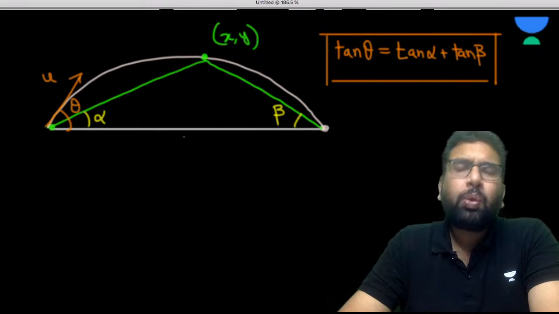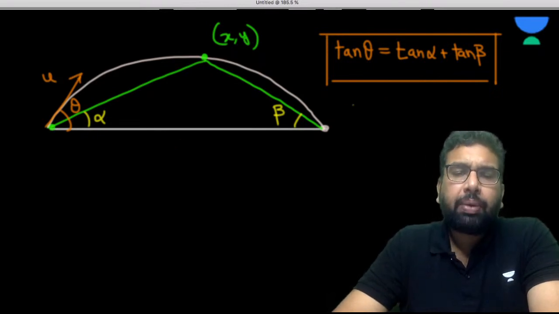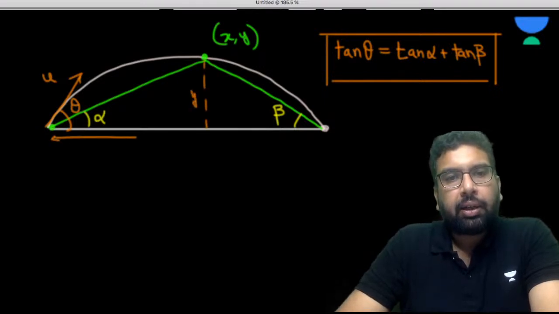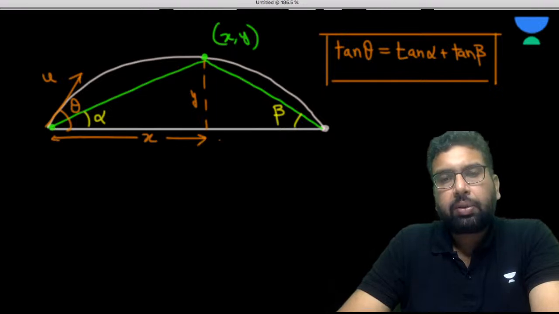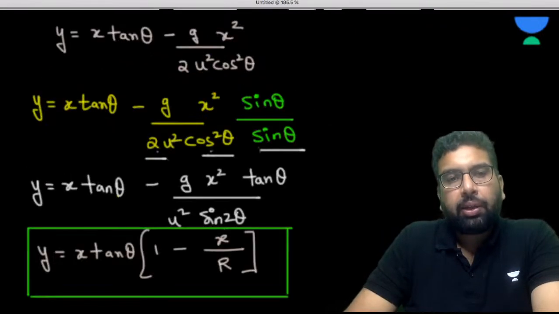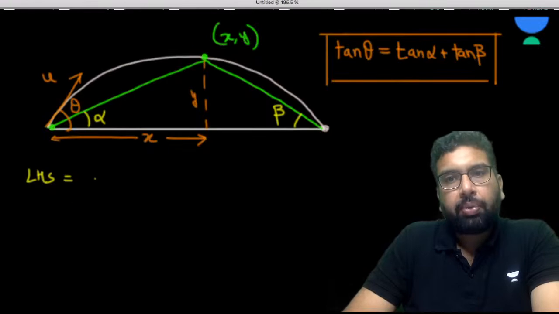Okay. So no need of proving it, you can prove it by using simple geometry. See, this is y, this is x. So you can use this relation. If you want to prove it, see the left hand side. Left hand side will become tan theta.